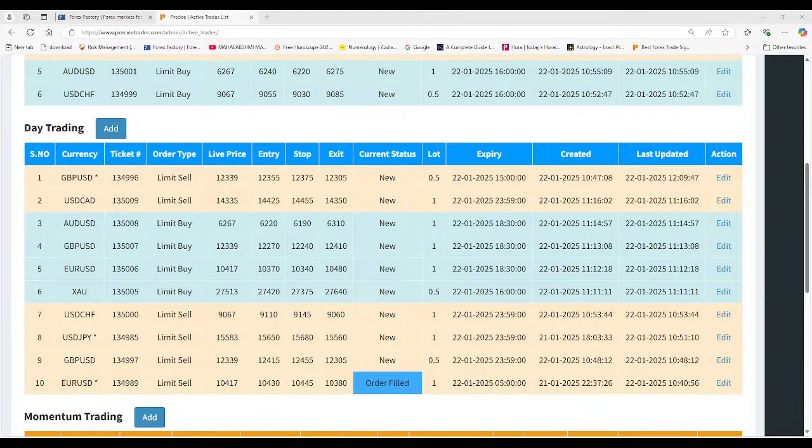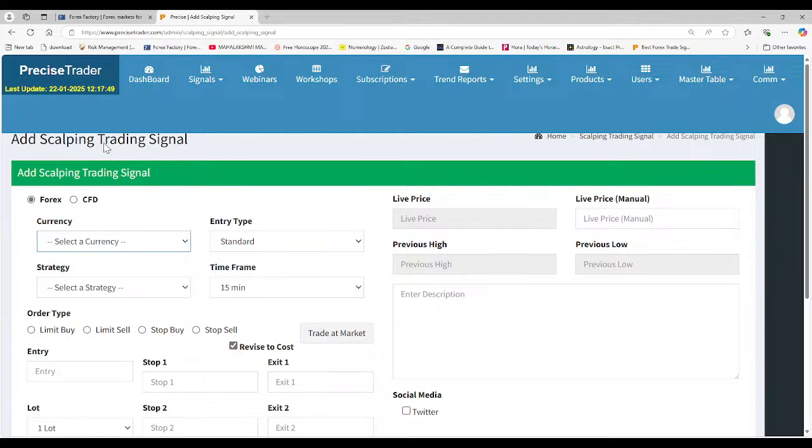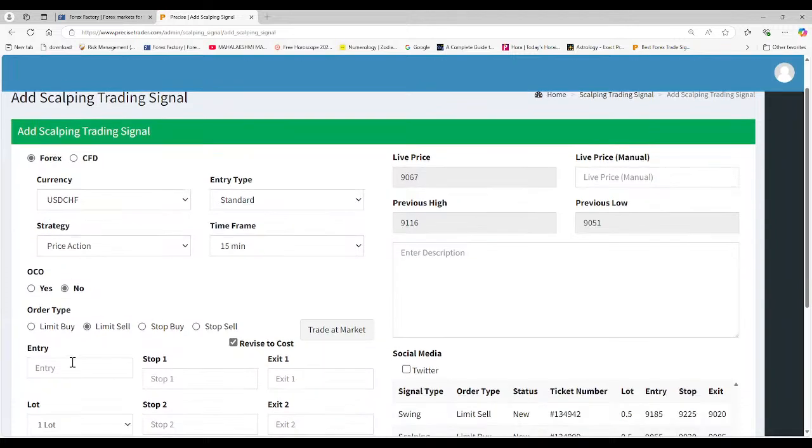So what we can do is go for one more sell at 90.95, with a 91.20 stop, and 90.50 is the low.